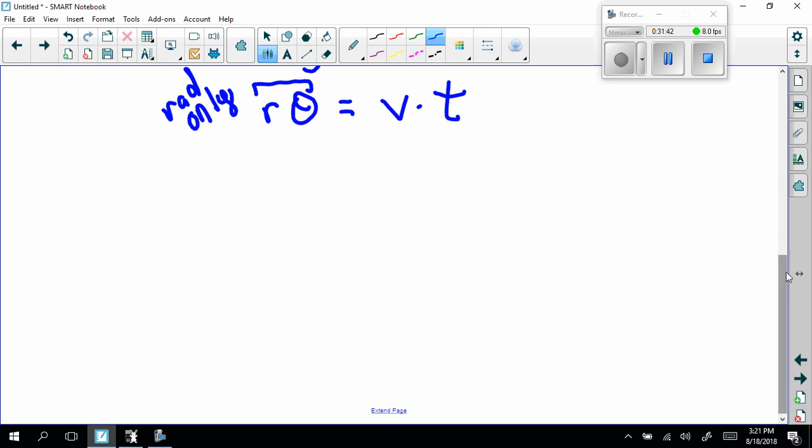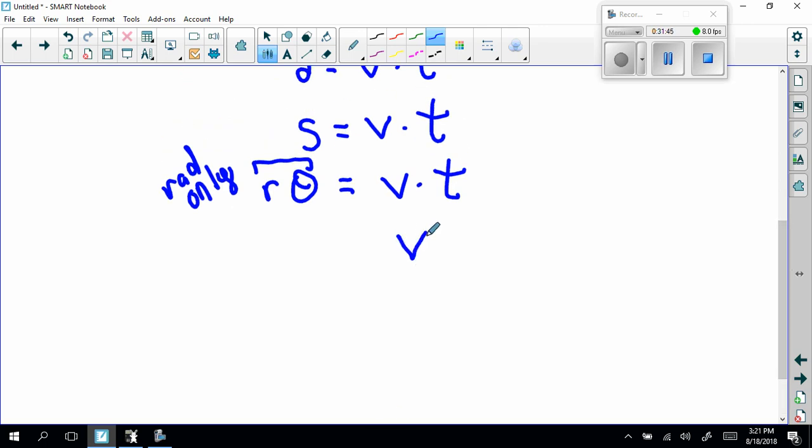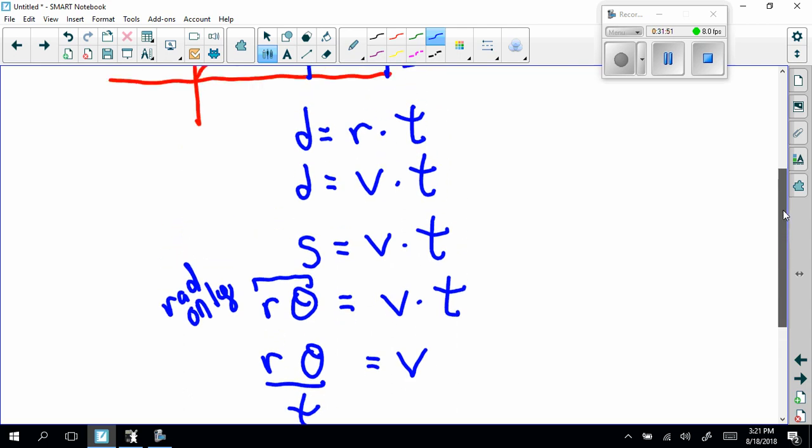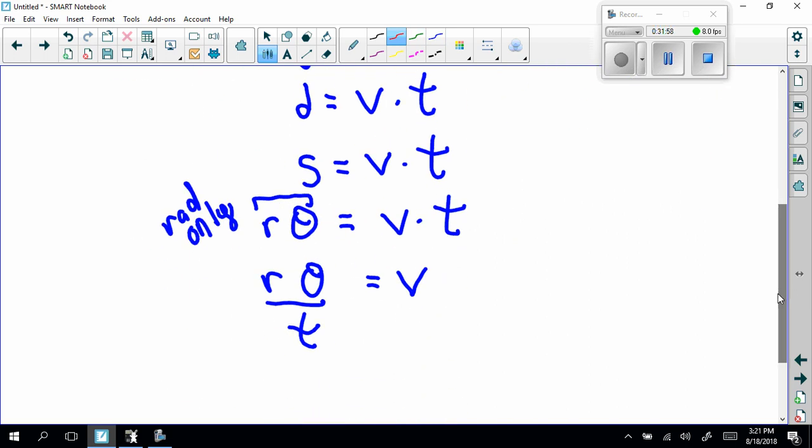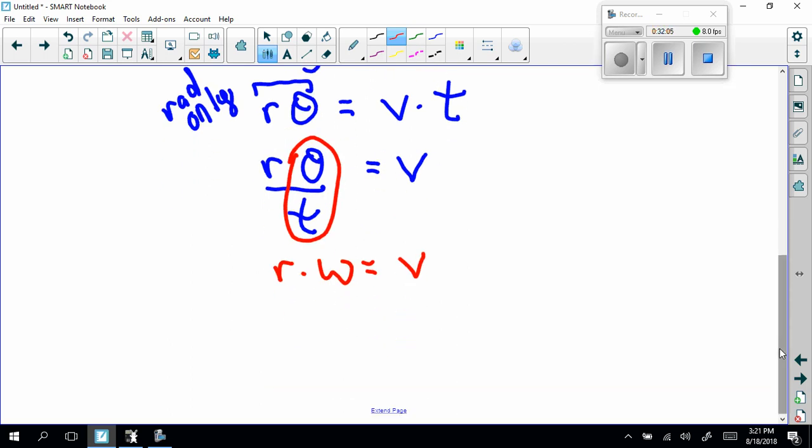Now just for fun, divide both sides by T. Theta over T, sorry about writing so big, theta over T is omega. So what I managed to do is relate regular velocity to angular velocity.